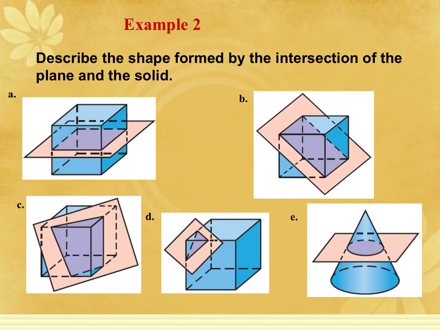So here it wants us to describe the shape formed by the intersection of the plane and the solid. So the plane is the pinkish red, and then the original solid is blue, and the cross section is the purple. So figures A, B, C, and D, the original figure on all of them, they're cubes.